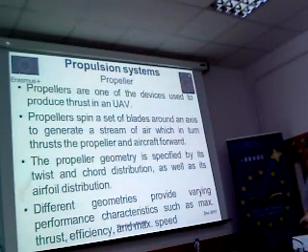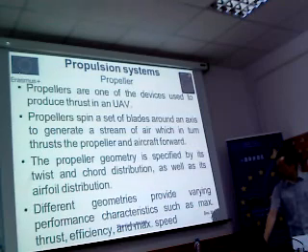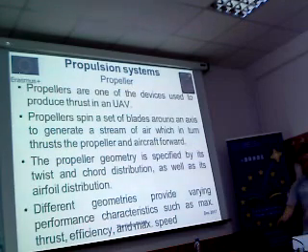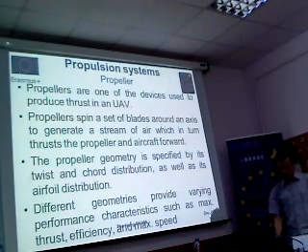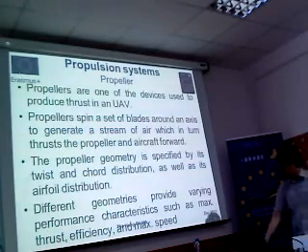So we have to think about which diameter of the propellers we want to choose, and even the geometry of the propellers, because sometimes we have three-blade propellers, not two, or sometimes four, but usually they use two.